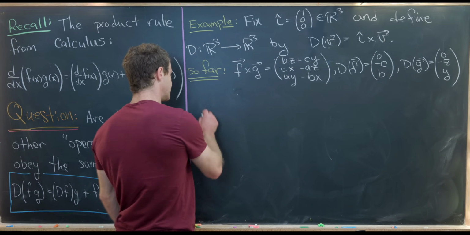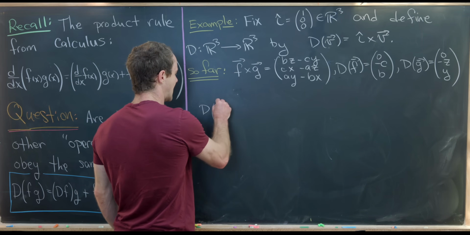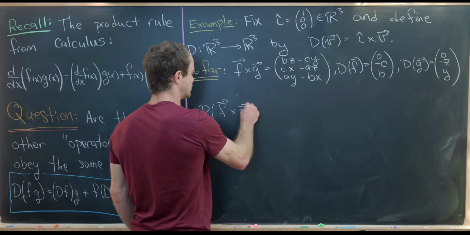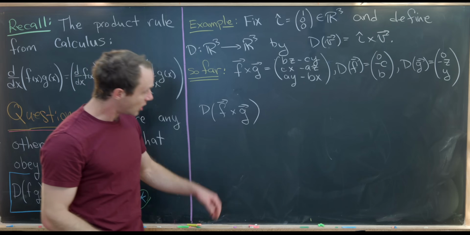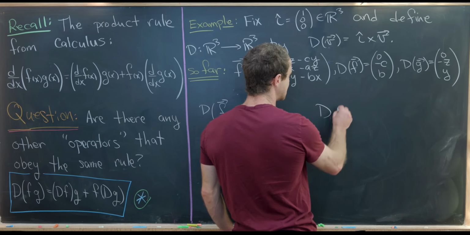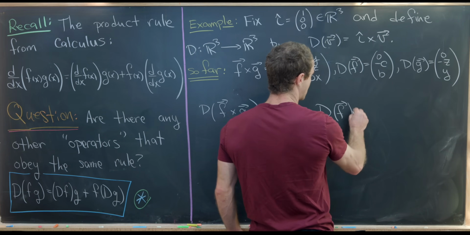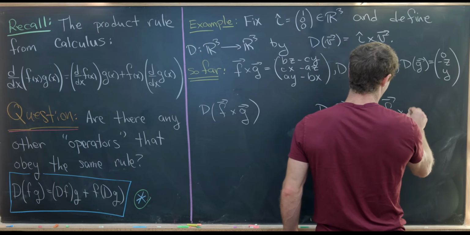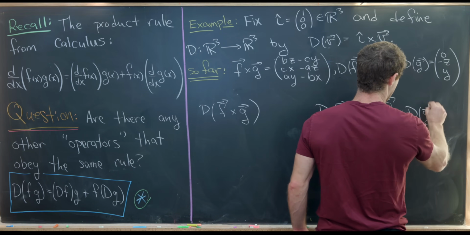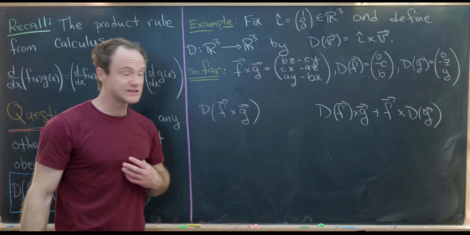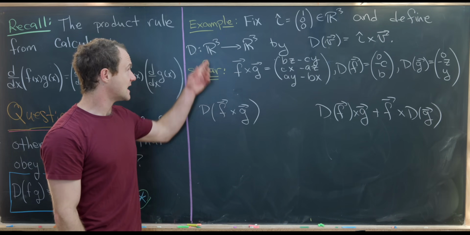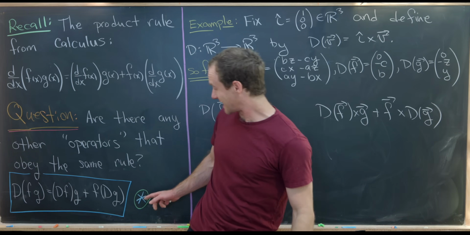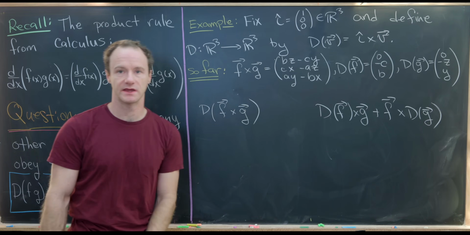Now what we want to do is look at D evaluated at f cross g, and then also D evaluated at f cross g plus f cross D evaluated at g. And if these two are the same, then this operator up here satisfies our product rule again.